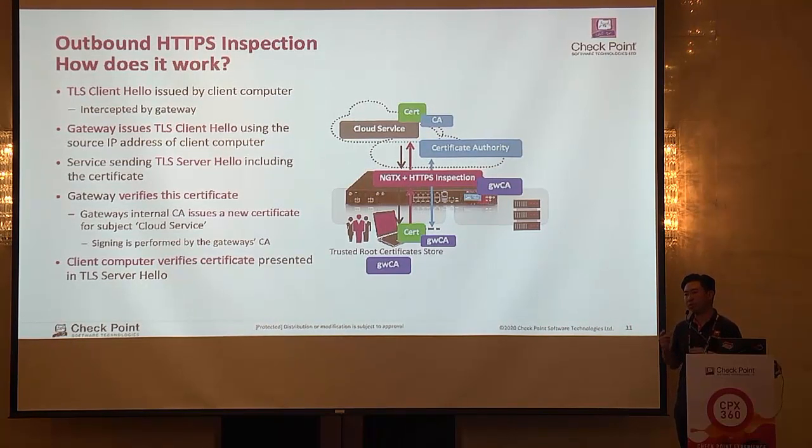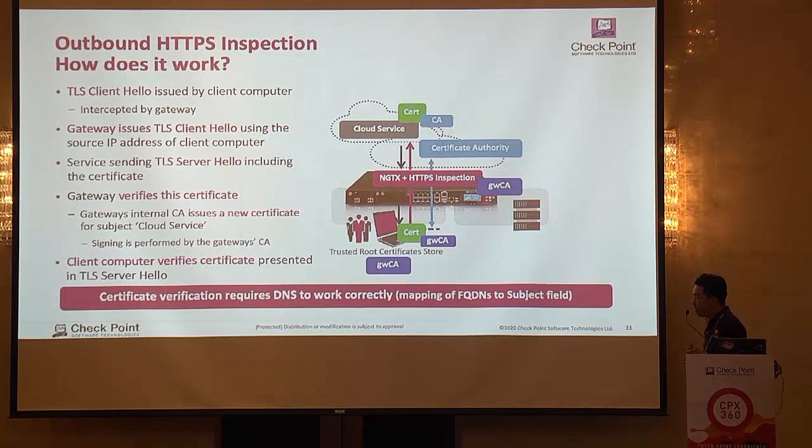For the traffic in between, we become the man in the middle for our NGTX inspections. One thing you have to know is that the gateway must have the FQDN configured, and when the client does the DNS query, the FQDN must be resolved.